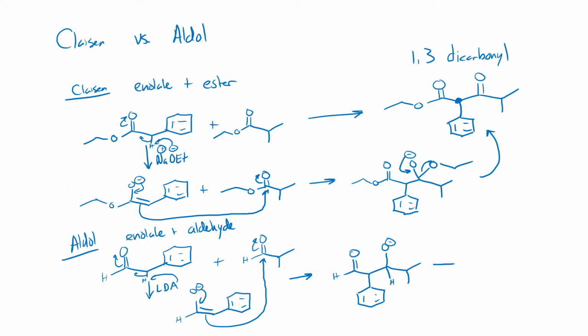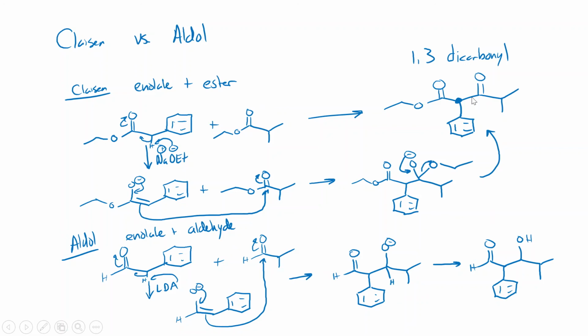And so in this case, instead of remaking a carbonyl at that 3 position, we're just going to end up with an alcohol. Right? So when we work this up, we would add an H plus there, and we get something that looks like this. So again, I'm taking a similar 8-carbon enolate, a 4-carbon electrophile, only I'm using an aldehyde instead of an ester this time.